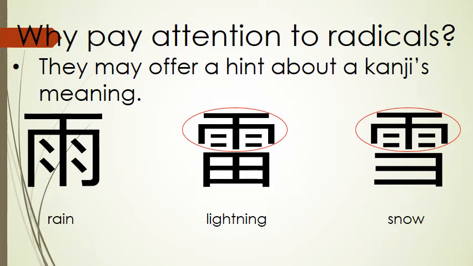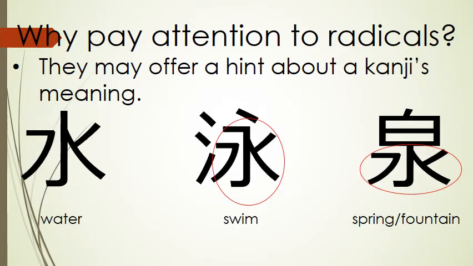So the connection there, I would argue, is pretty easy to see. And for another example, we've got our kanji for water, and then we've got our kanji for swim, and our kanji for spring or fountain. That's spring as in a spring of water, obviously. And swim and spring/fountain both include the radical for water in them.